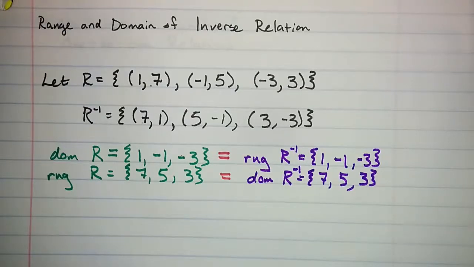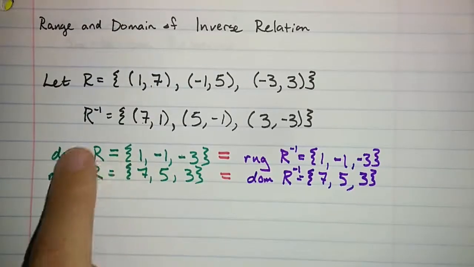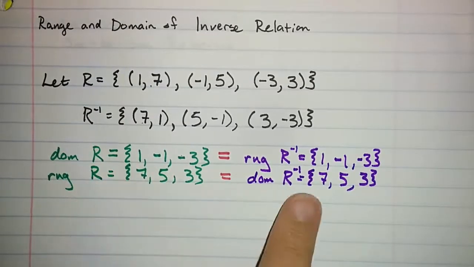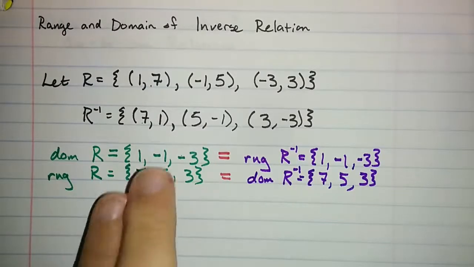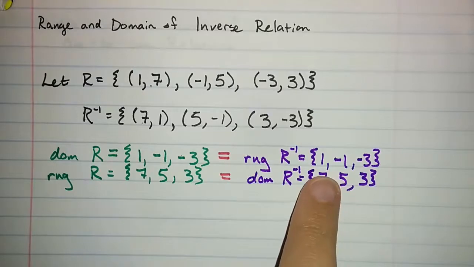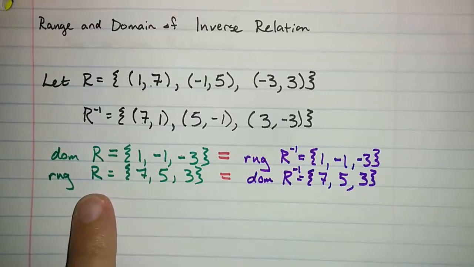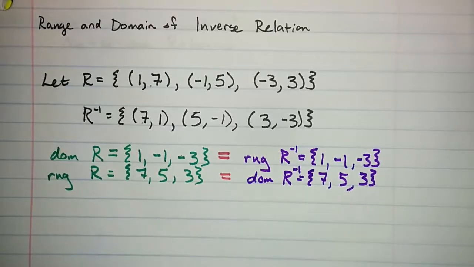Why not? Well, every first entry in an element of R, when we swap the coordinates, of course it'll turn up as a second entry in an element of R inverse. Every second entry in an element of R, of course it'll show up as the first entry in an element of R inverse.